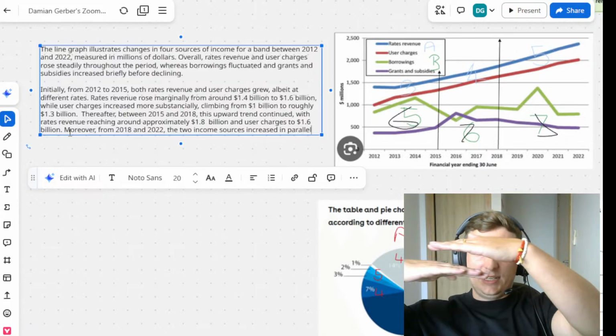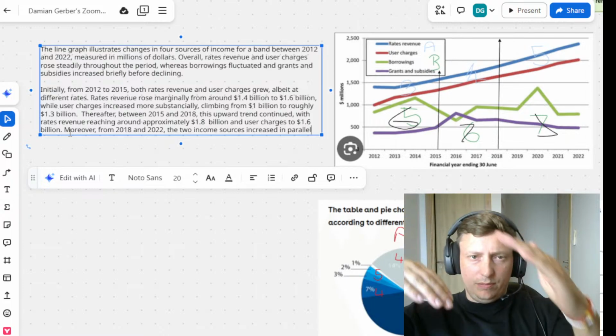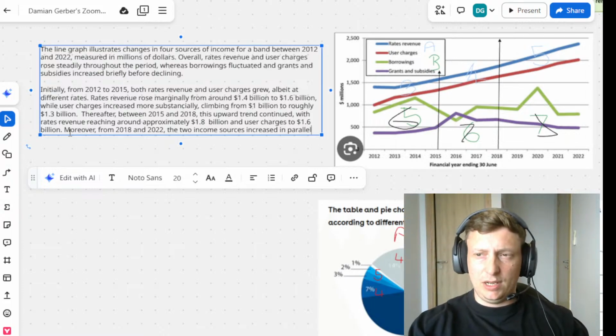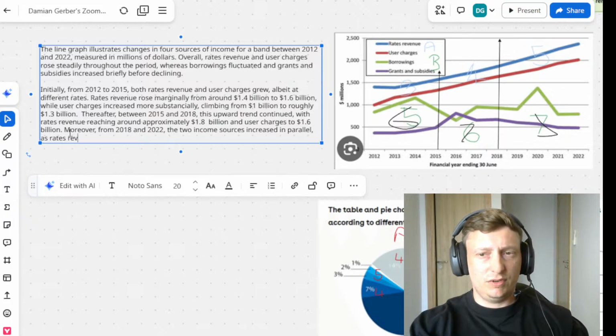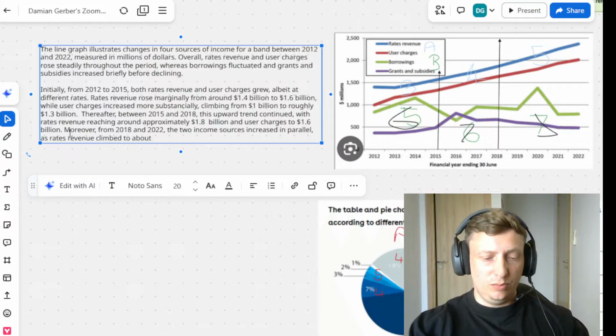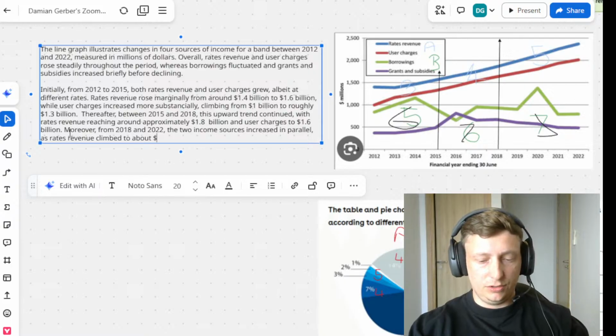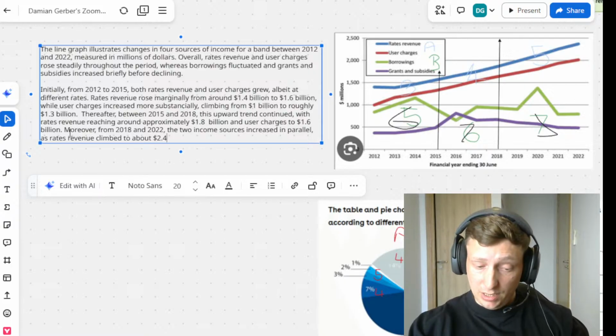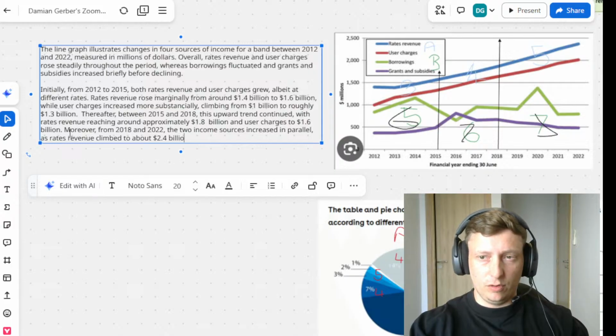When two lines are exactly the same, but we're saying upwards, increased in parallel as rates revenue climbed to about 2.4 billion, and user charges reached 2 billion.